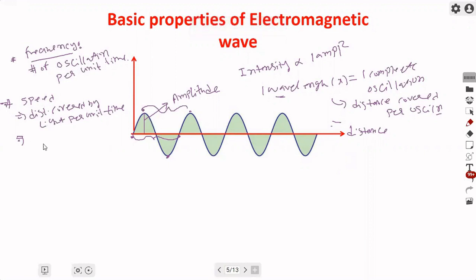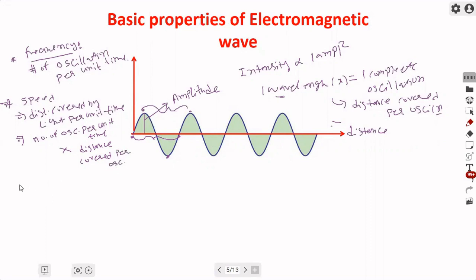That means the number of oscillations per unit time multiplied by the distance covered per oscillation.